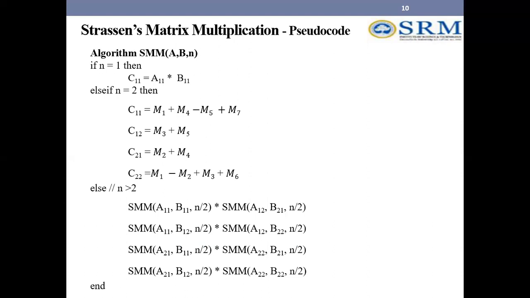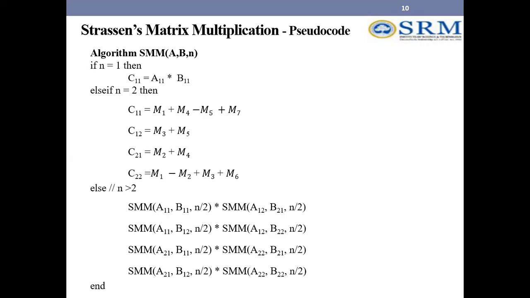If n is greater than 2, we can go for the divide and conquer approach. Now it has 4 recursive calls because A is divided into 4 submatrices, B is divided into 4 submatrices.